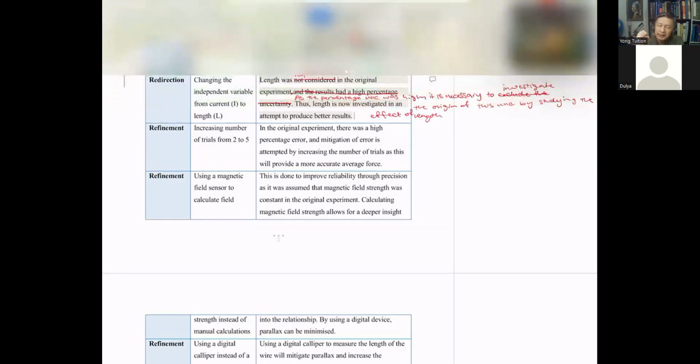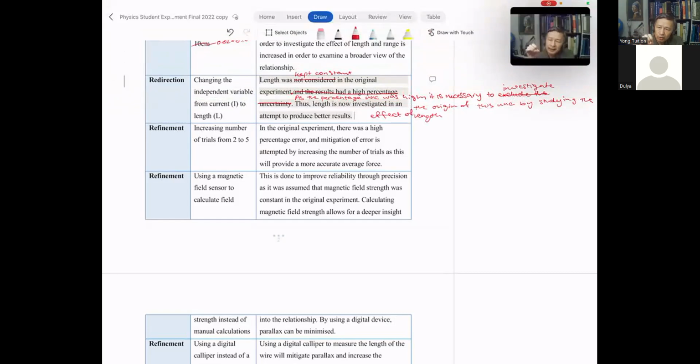If we know that the length has nothing to do with this origin, with this observed large uncertainty, then we can be more confident that the high percentage error is due to the uncertainty in measuring the magnetic field. Okay, can you put some wording for that?